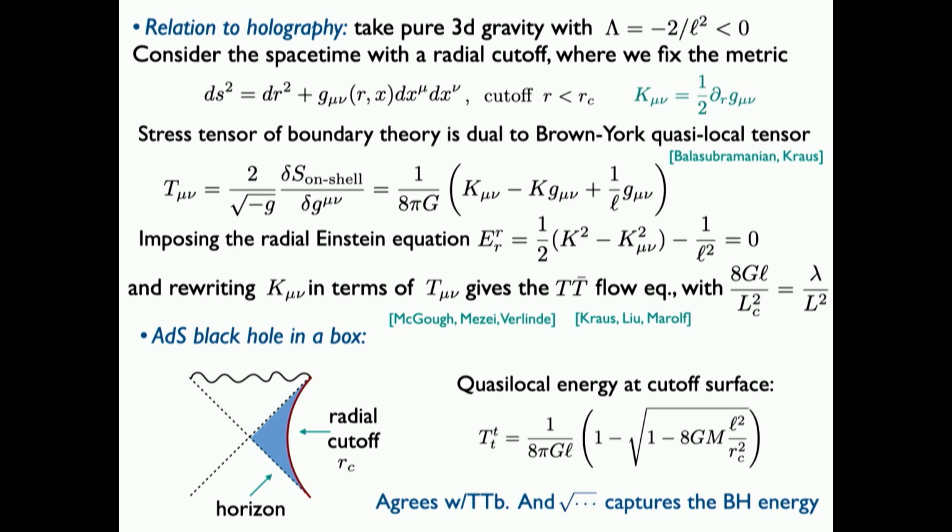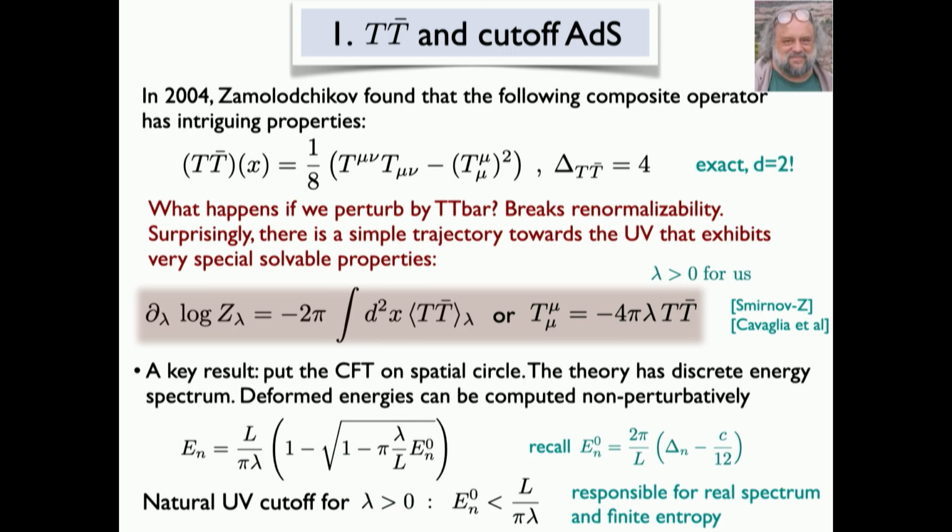We just impose the radial Einstein equation, which for pure gravity is the equation here. So it contains essentially the extrinsic curvature squared and the negative cosmological constant. And we rewrite this radial Einstein equation by replacing K_{μν}, the extrinsic curvature, in terms of T_{μν}. That result gives precisely the trace flow equation that I showed here.